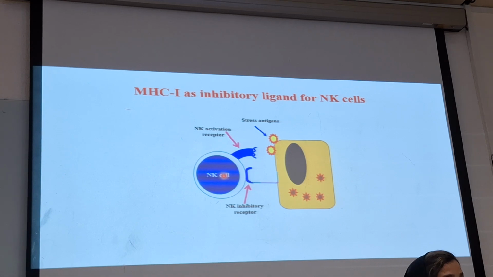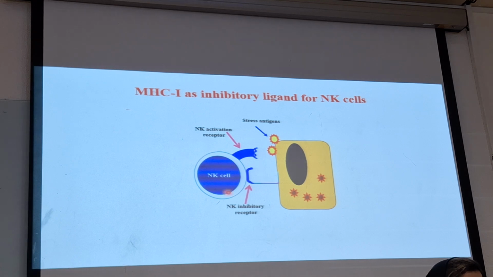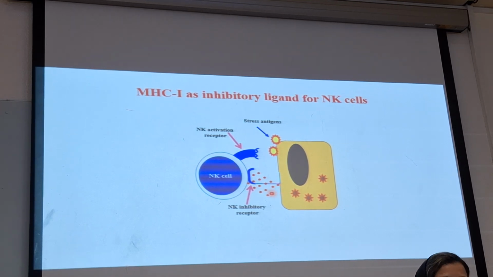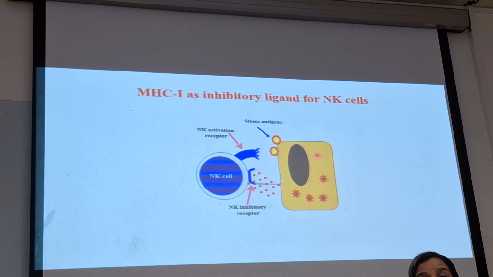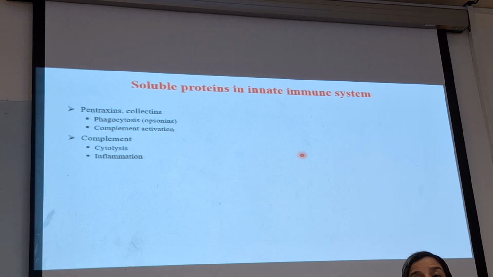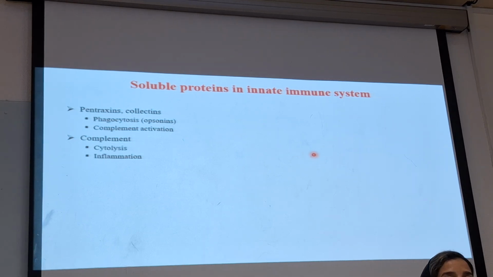So, because the activating signals are more than the inhibitory signals, these cells are activated, start degranulation, and lyse virus-infected cells.